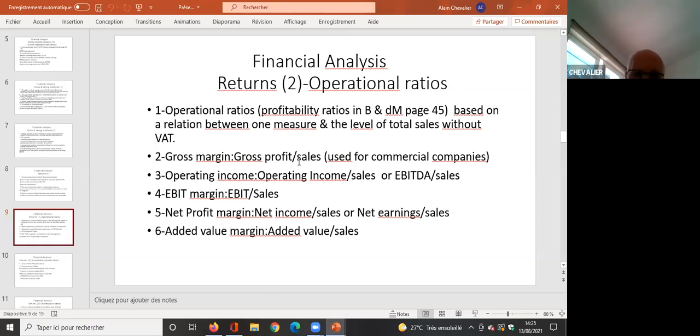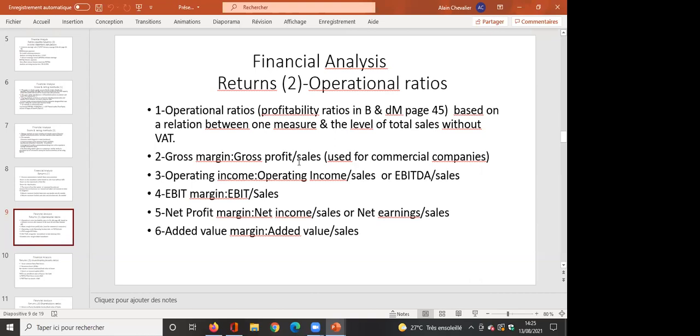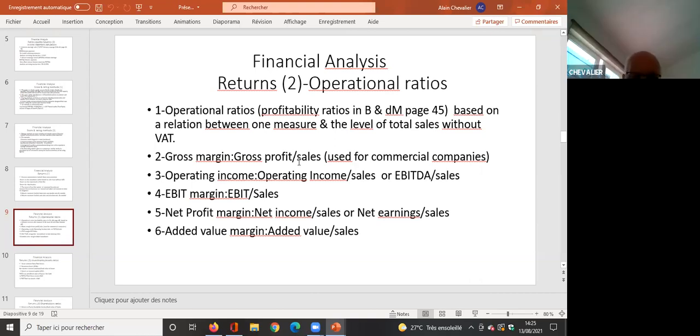You have the operating income ratio, which is the division of the operating income by sales, or the EBITDA by sales. You find the same results, of course. Fourth, you will use also the EBIT divided by sales. Again, sales without VAT.